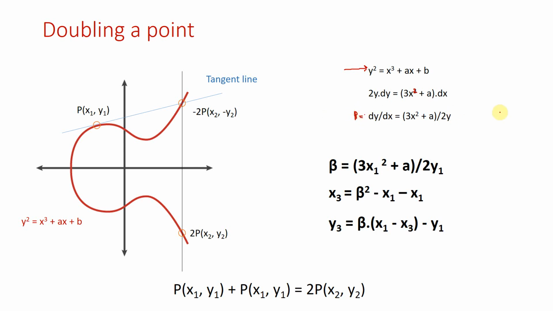Now I have calculated the beta, x3 and y3 values for doubling.